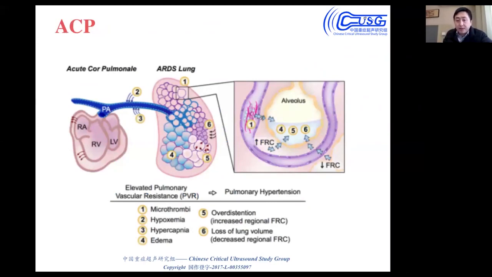All the settings of the ventilator could increase the resistance of the pulmonary vasculature that caused the pulmonary hypertension. And the pulmonary hypertension works as an afterload of the right ventricle, which makes the depression of the right ventricle.